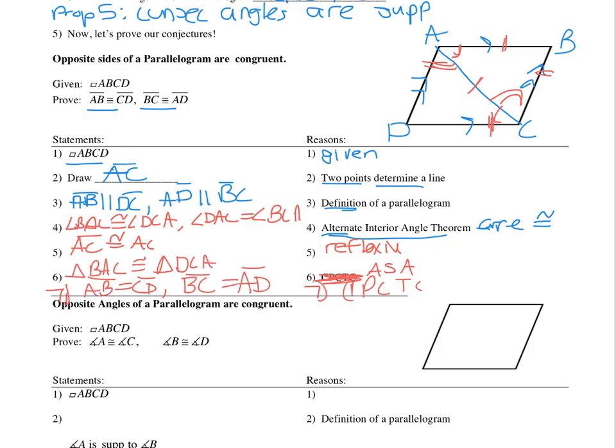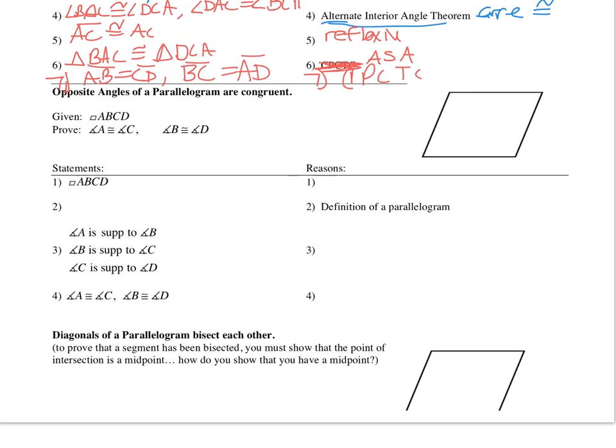Okay, my next theorem is taking the same parallelogram. I'm going to be trying to prove that the opposite angles are congruent. So it starts out with parallelogram ABCD given. The next thing is going to be definition. So it's going to say AB is parallel to DC, and also AD is parallel to BC.